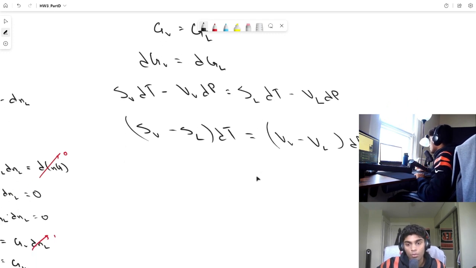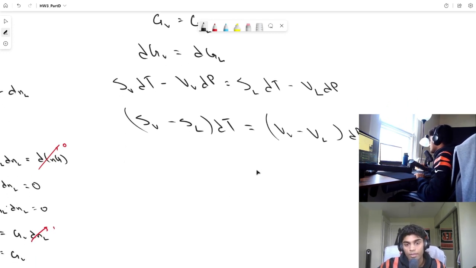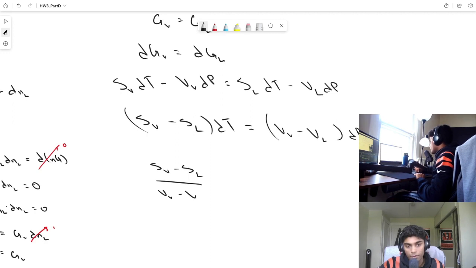And so when we calculate dP over dT, we get S_V minus S_L over V_V minus V_L is equal to dP over dT.